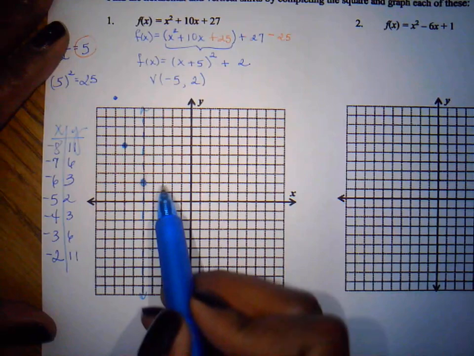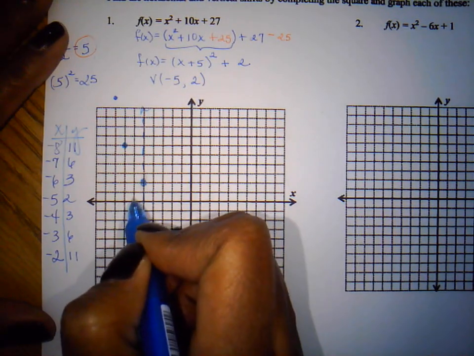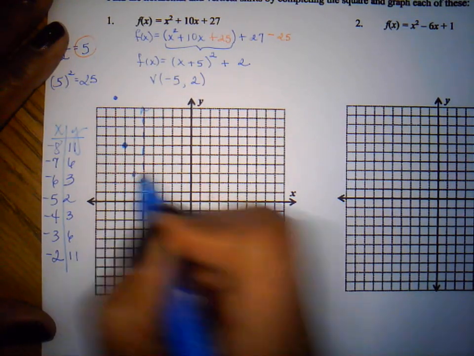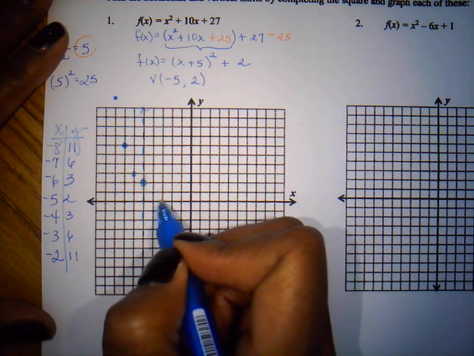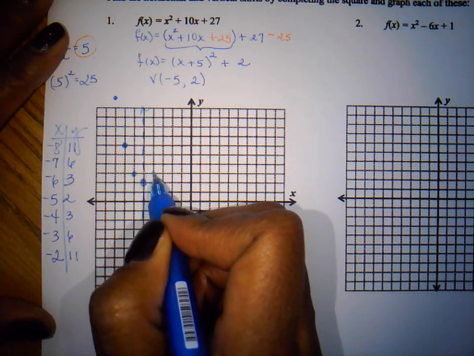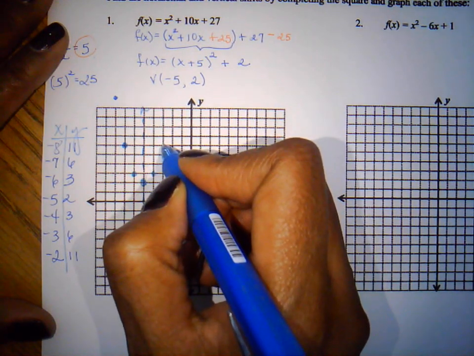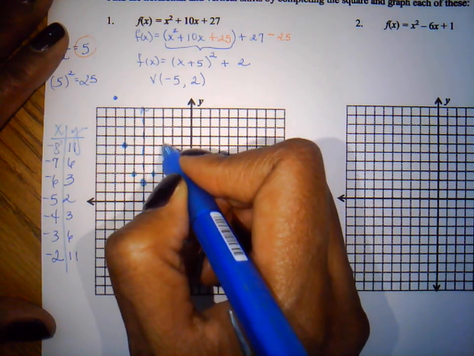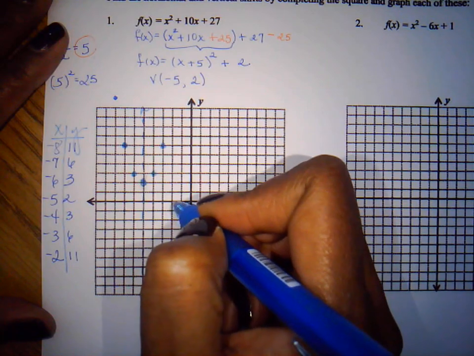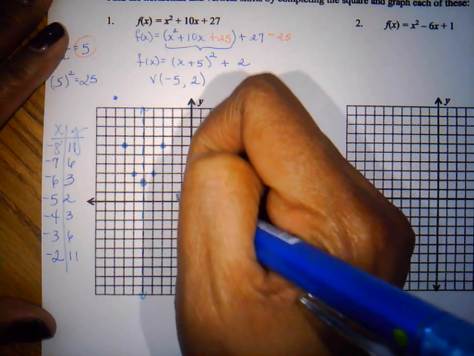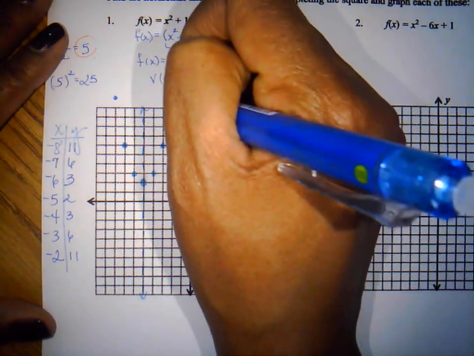Okay. -6, 3. And then -4, 3. -3, 6. And -2, 11.